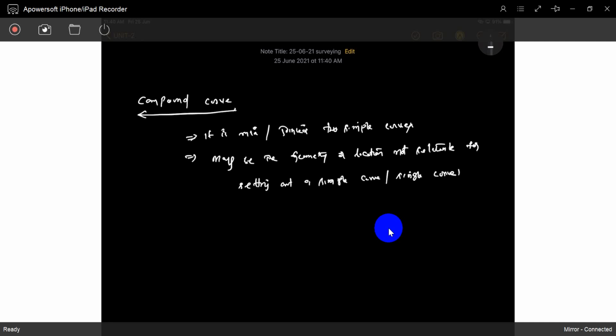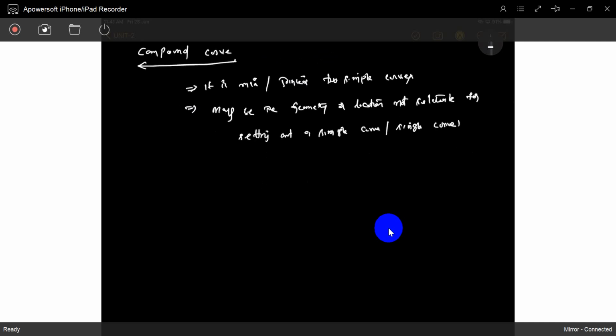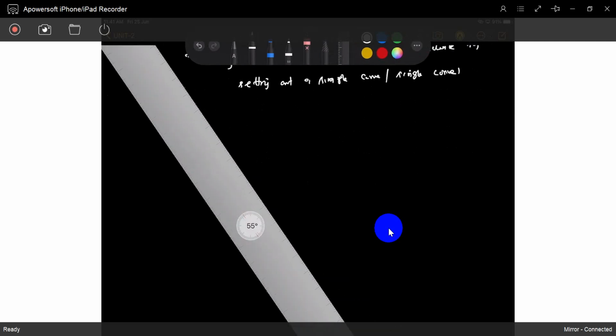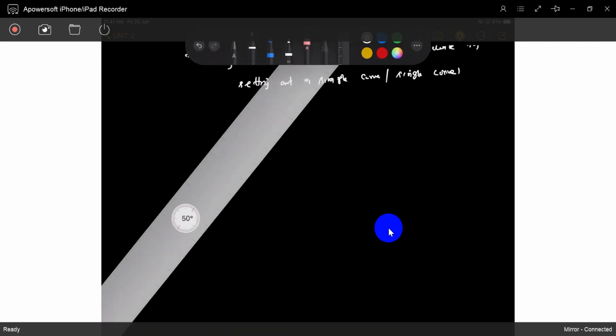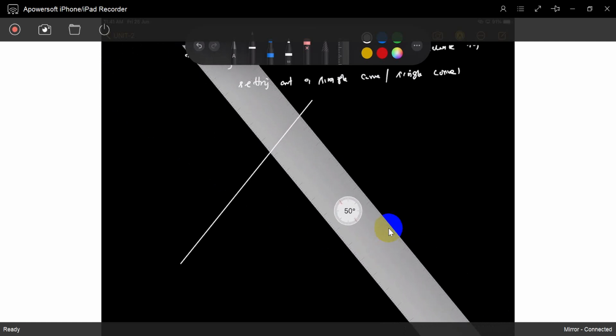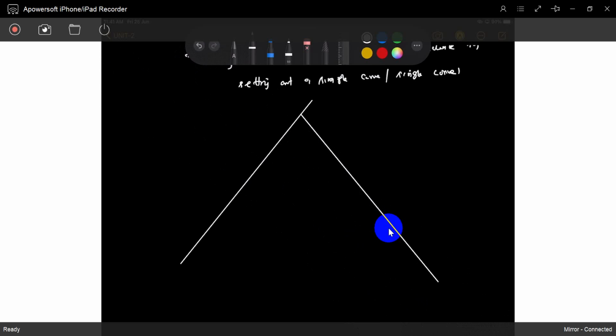Okay, so how is it? I will draw two straight lines. These are the two straight lines, joining at some angle.